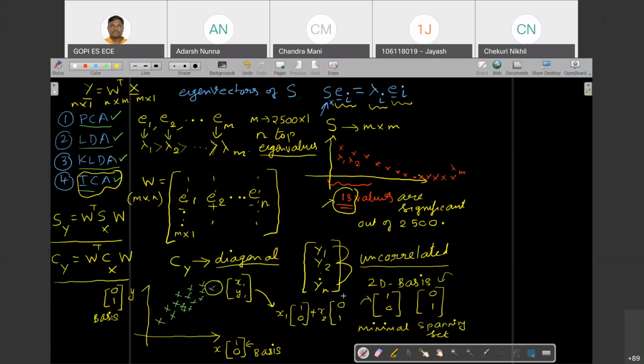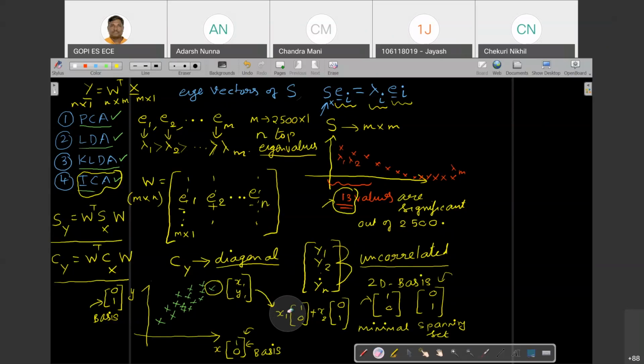So any vector in that space with this basis, we are able to represent as the linear combination of this basis vector (1, 0) and (0, 1), and that's what we call the basis of this space.